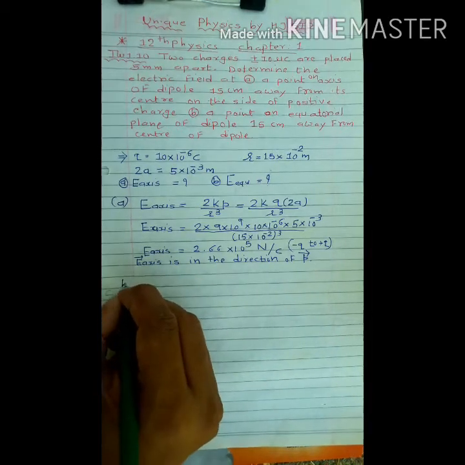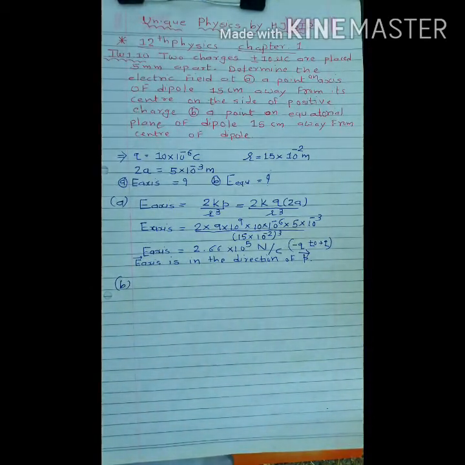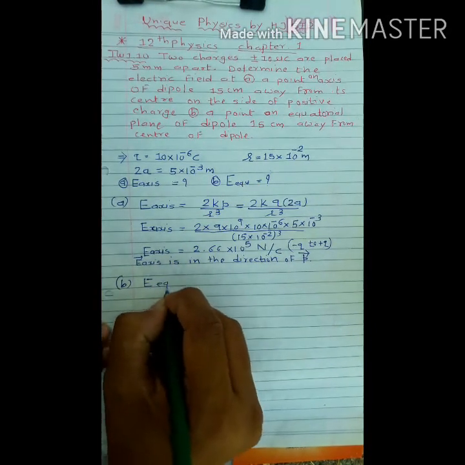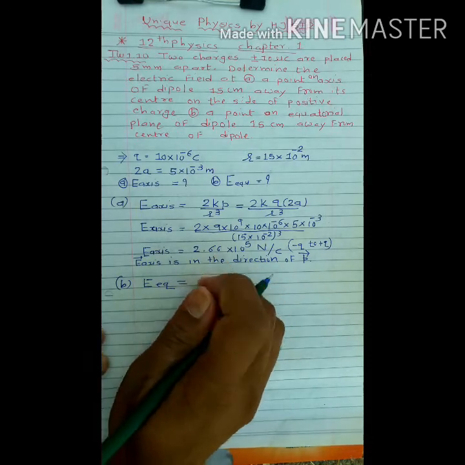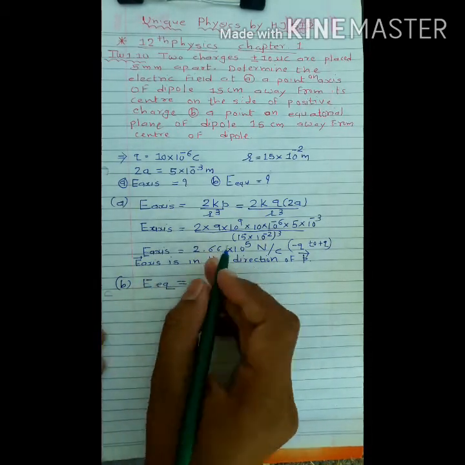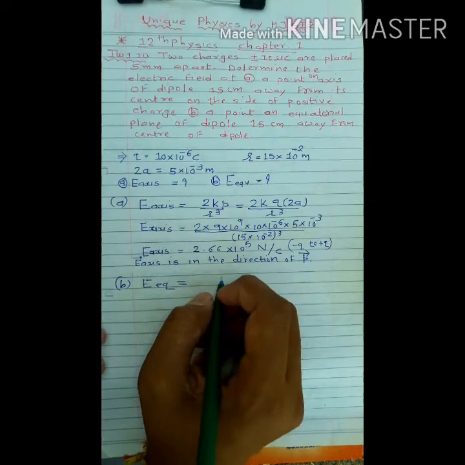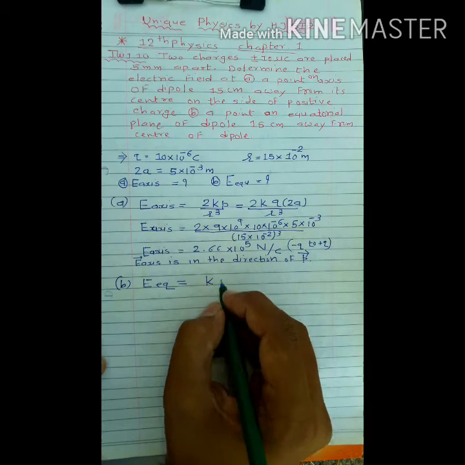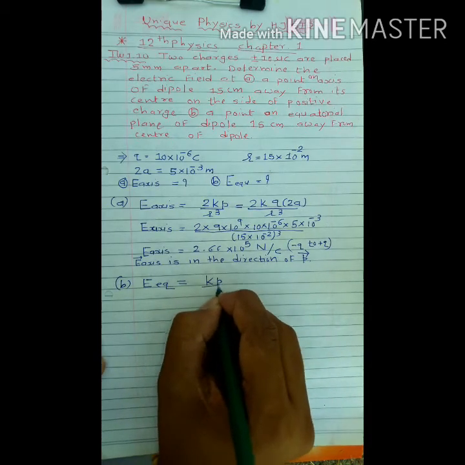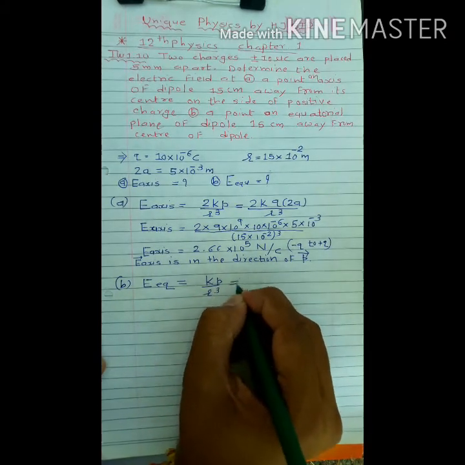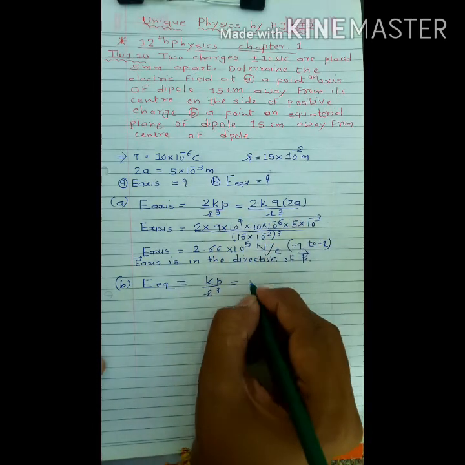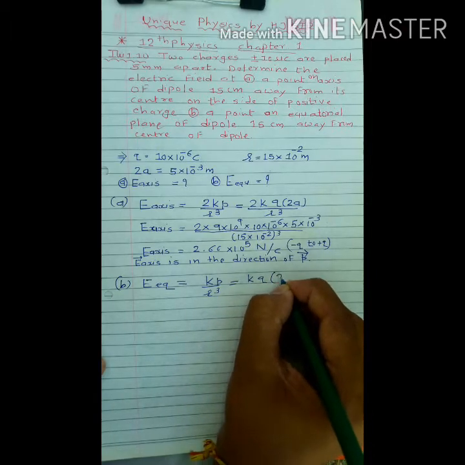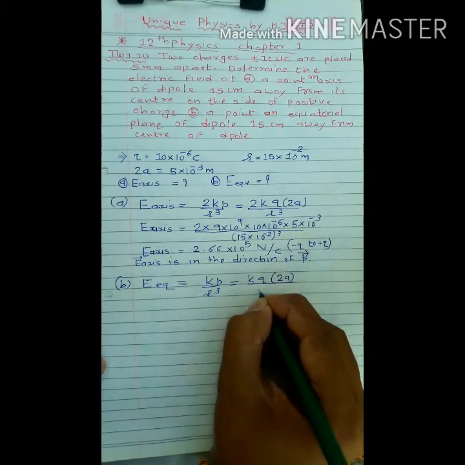Now here we are going to explain the second point, B. Find the electric field on the equatorial plane of the dipole. So E equatorial is equal to, as we already derived this equation. In that equation we used a minus sign, but here we are interested in magnitude only. So E equatorial is equal to kp upon r cube. Again, instead of p we use q into 2a. So k into q into 2a divided by r cube.